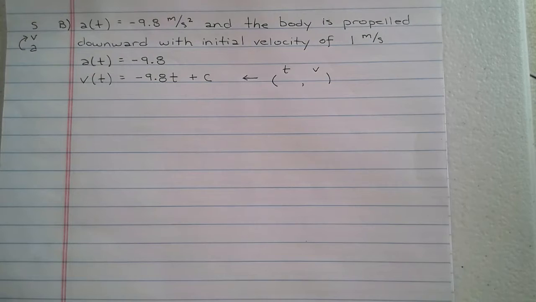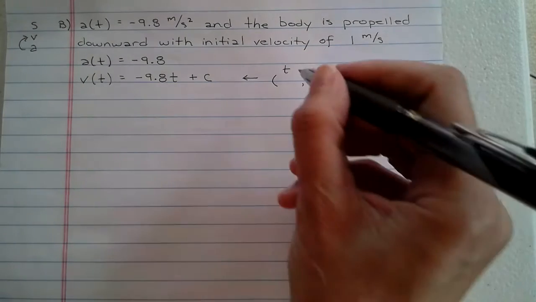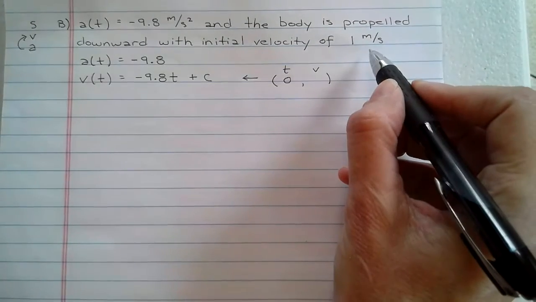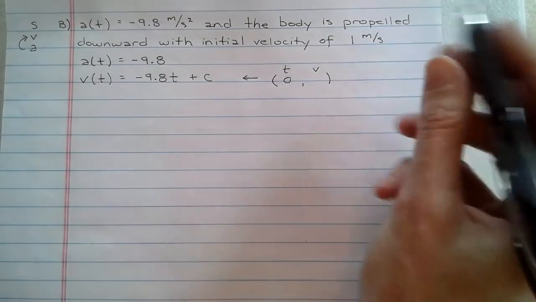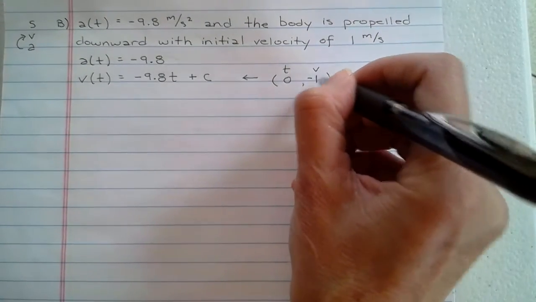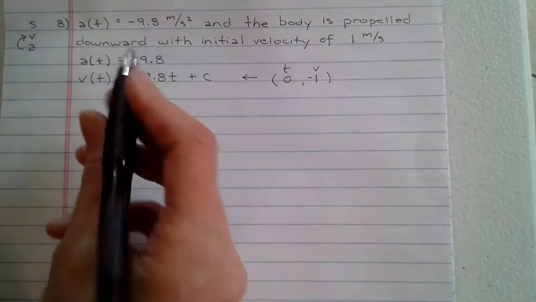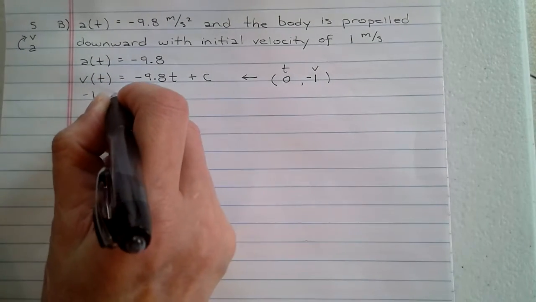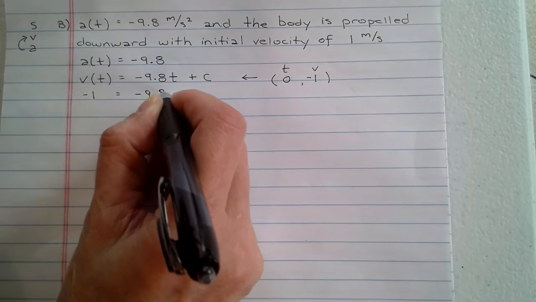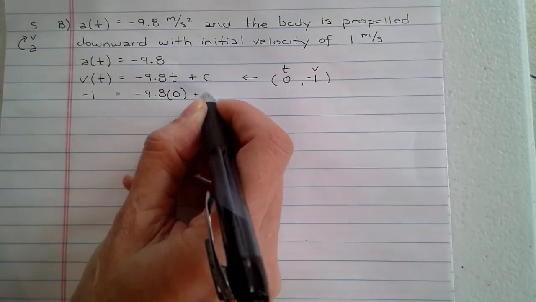And it says the body is propelled downward with an initial velocity, that's time 0, of 1. I put in -1 because velocity implies direction, and this is propelled downward. And what I'm going to do is plug in -1 for my v at time 0.